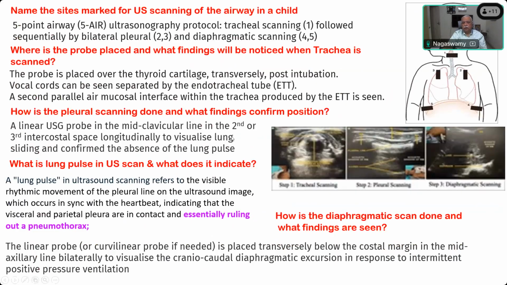And this is the ultrasound picture. In tracheal scanning, you find the vocal cords are separated, and you find the air shadow here. This is the pleural scanning, where lung sliding is present, and here the diaphragmatic excursion is taken. Of course, the pictures are not good.